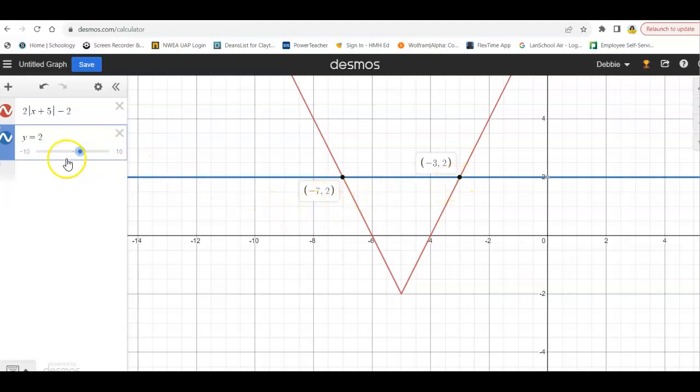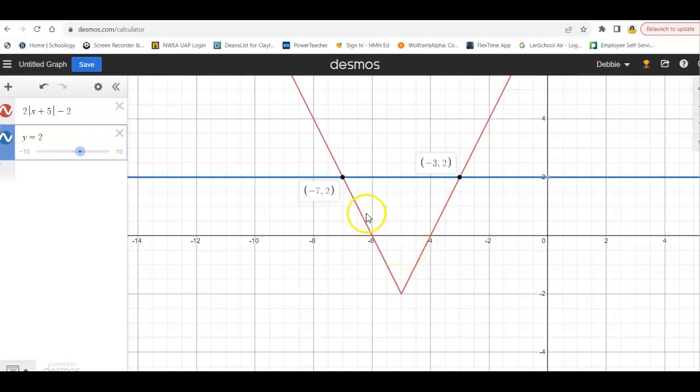Well, what if this were less than 2? Okay? Instead of equals 2. That means that we would only care about the solutions that are on this side of the graph, right? Where my x values are less than 2.